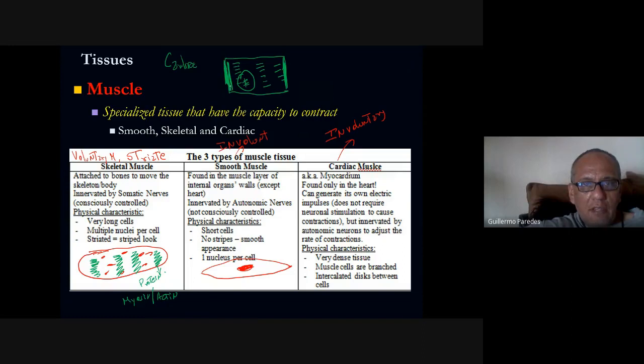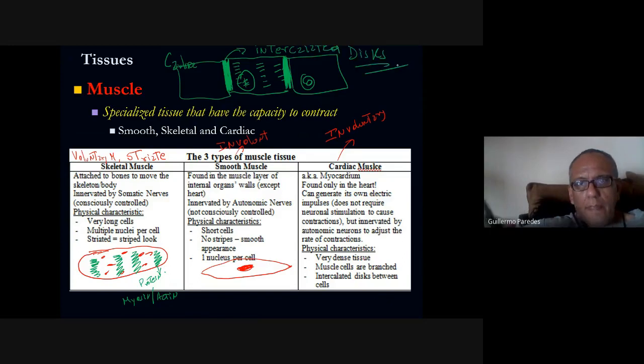In addition to that, we have these strong connections. They connect to another cardiac muscle cell here. These strong connections are called the intercalated discs. So what is the function of the intercalated disc?